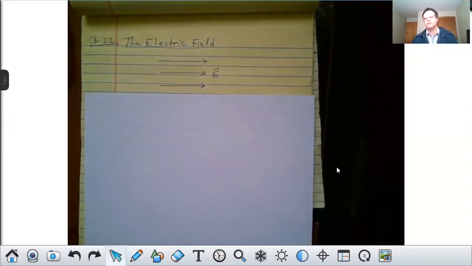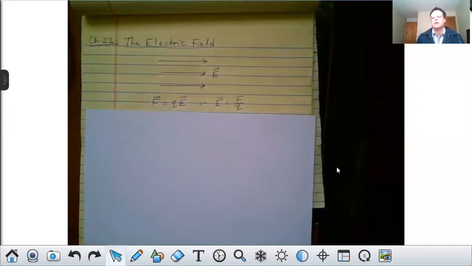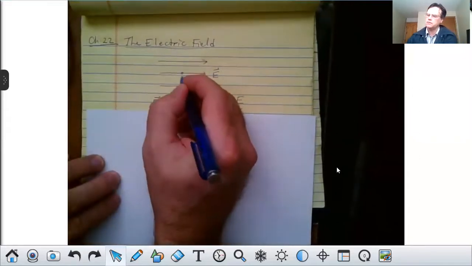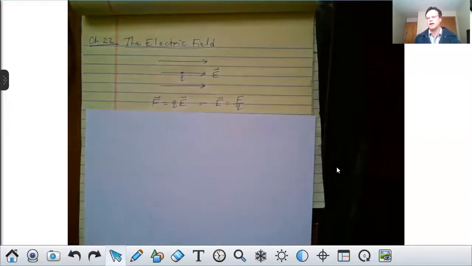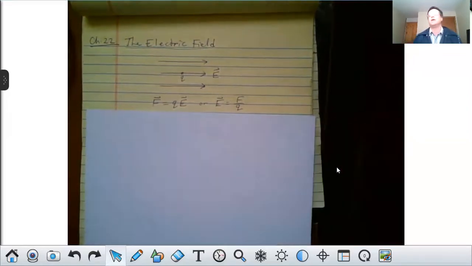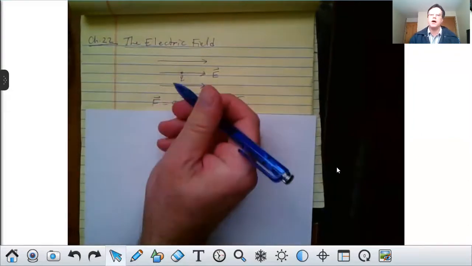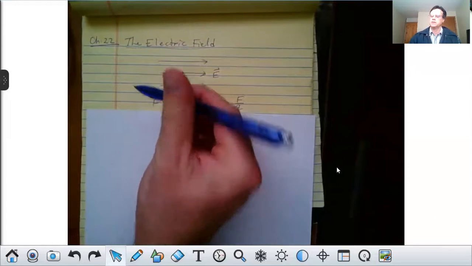So how do we define the magnitude and direction of this vector electric field? Well, if I put a test charge in the field, call it Q, I define the direction of the force to be positive, or with the field, for a positive charge. Now, a negative charge would go opposite the field, right?